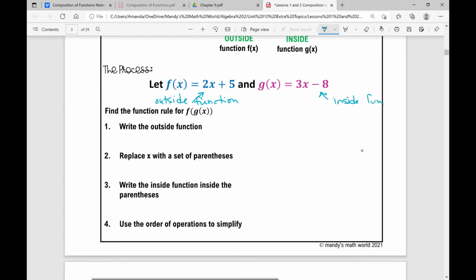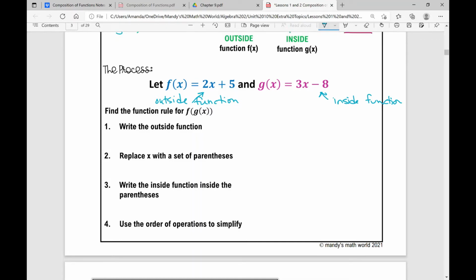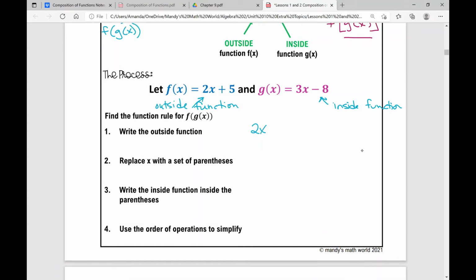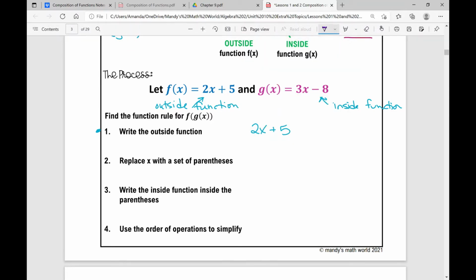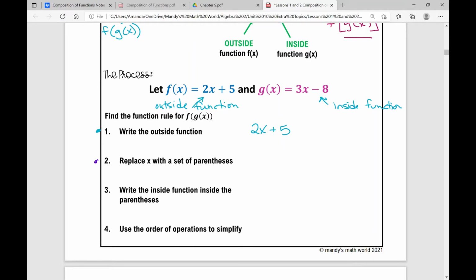What I want you to do is first write the outside function. So when I write the outside function, I'm going to write 2x plus 5. That's what I did first. Okay, and I'm going to actually change colors here, so when we walk through it, hopefully it makes a little more sense. Then the second step says to replace x with a set of parentheses.